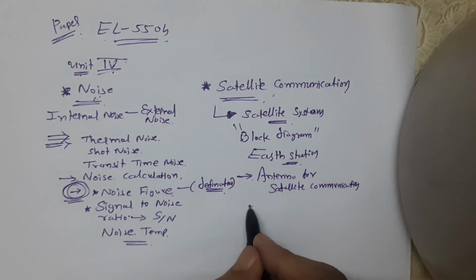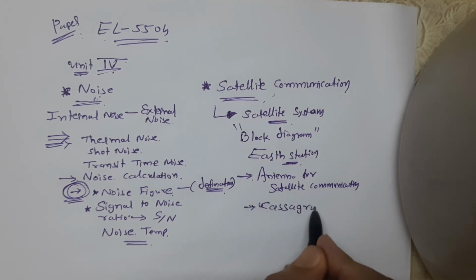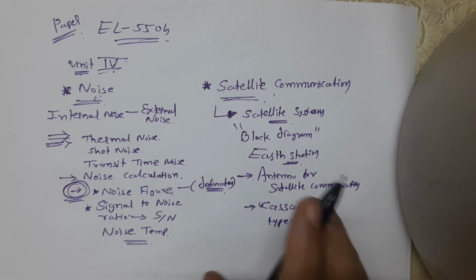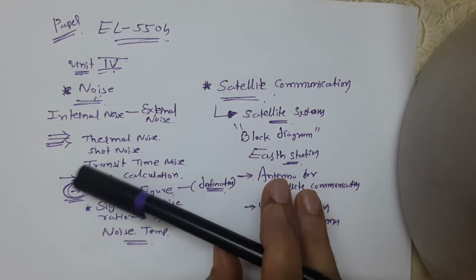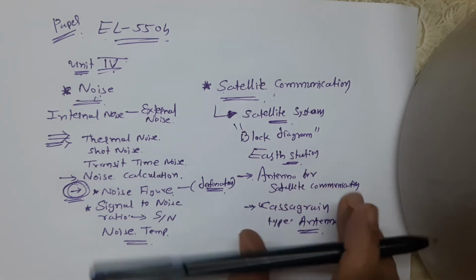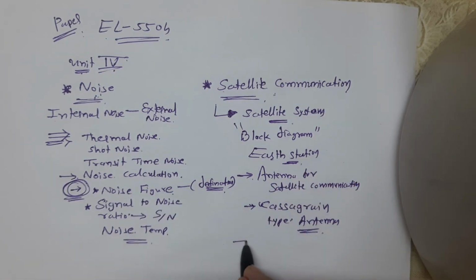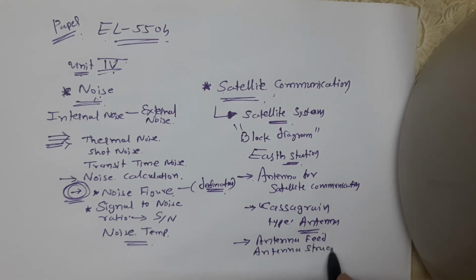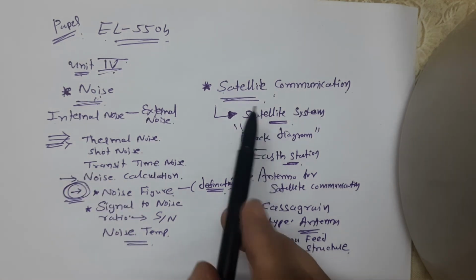The most widely used is the Cassegrain type antenna. Then we again discuss the antenna feed and antenna structure. So these are the different topics we are discussing.